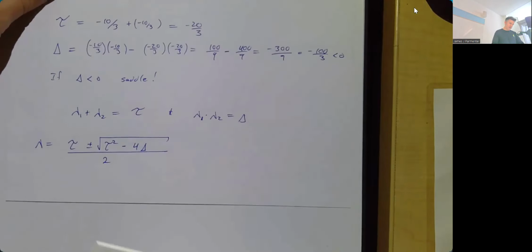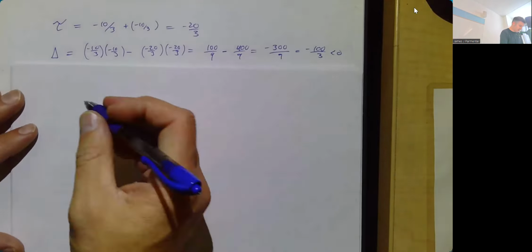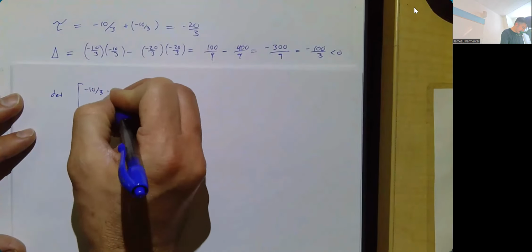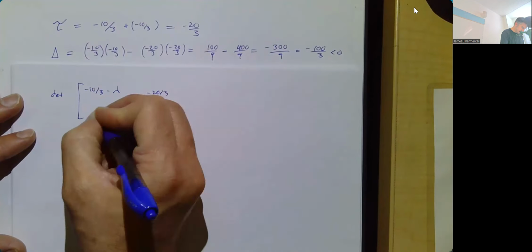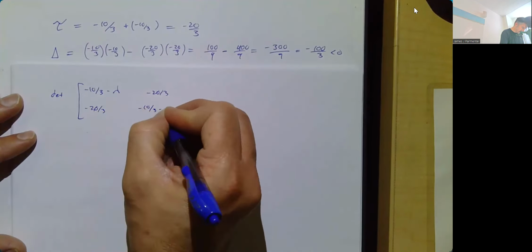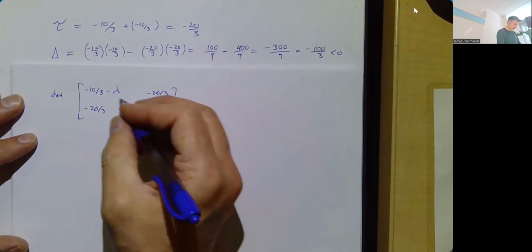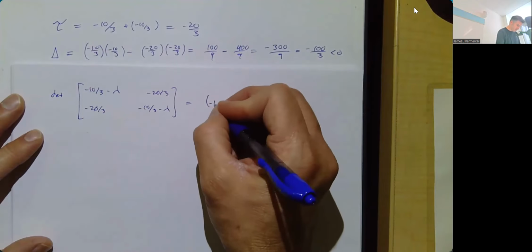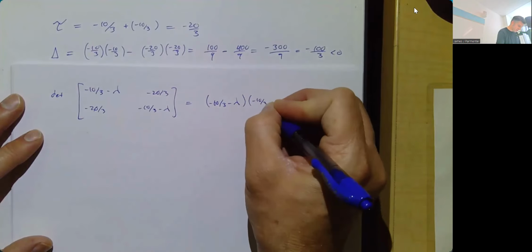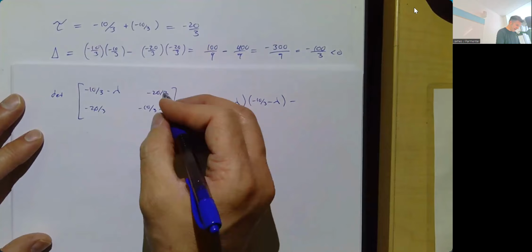You could also take the determinant of negative 10 thirds minus lambda, negative 20 thirds, negative 20 thirds, negative 10 thirds minus lambda. That's that times that, minus that times that.